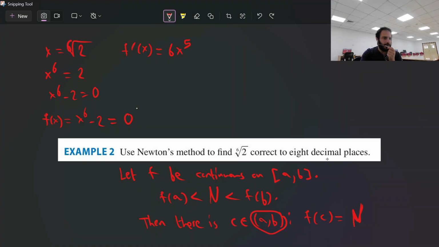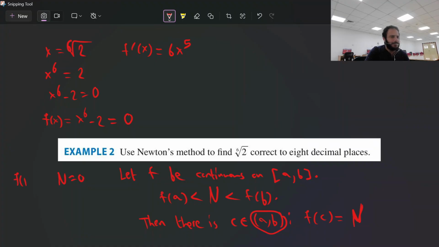Now here I want to solve this equals 0. So in our problem n equals 0, okay? Now substitute f of 1. What's the value of f1? -1, right?